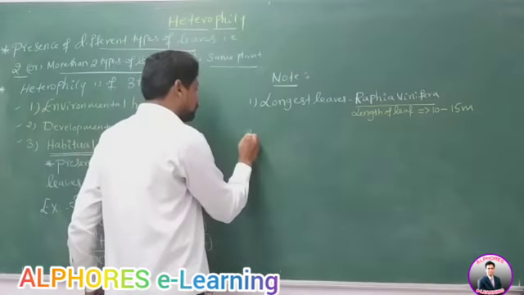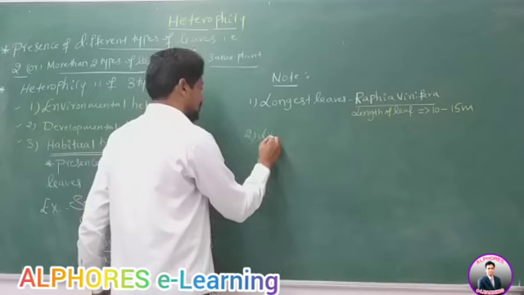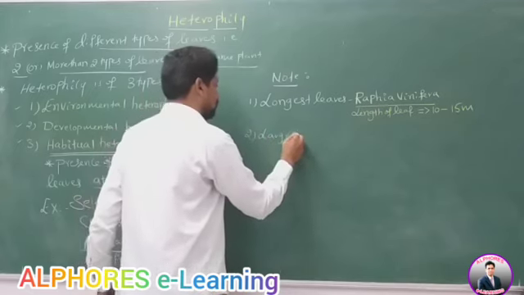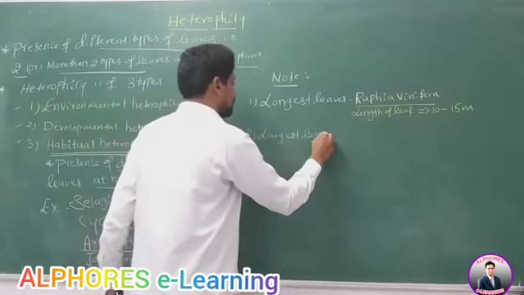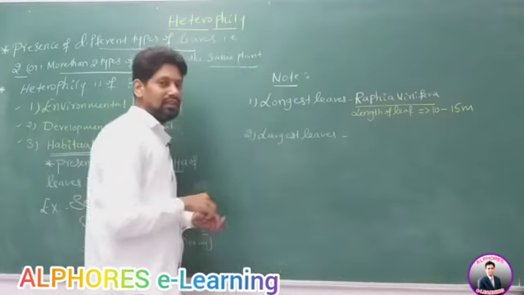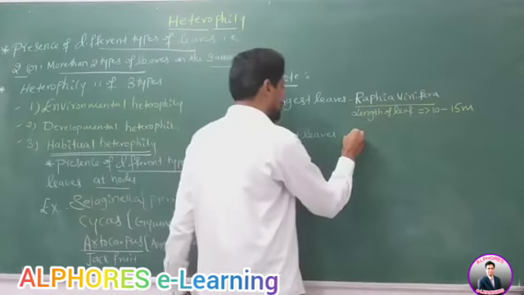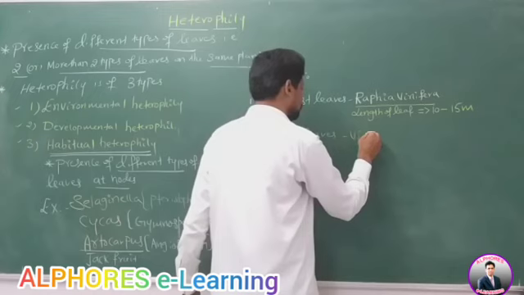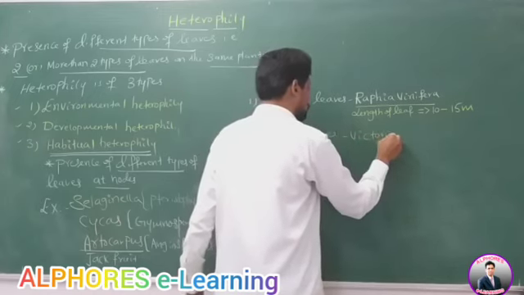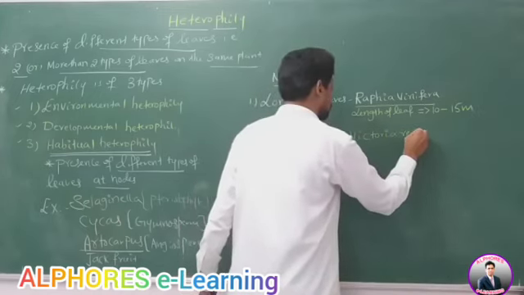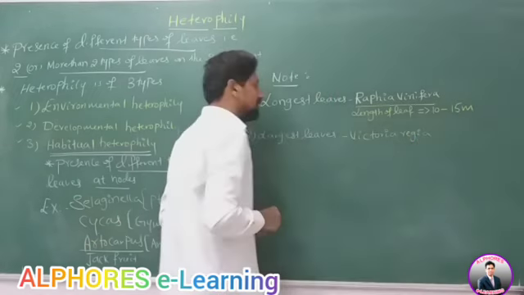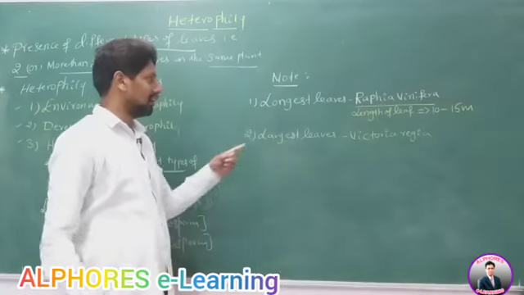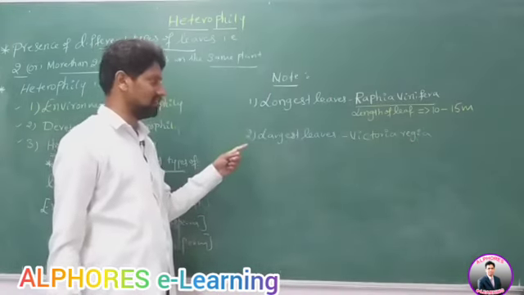Number two, largest leaves. Largest leaves are present in Victoria regia, right? This plant is with the largest leaves.